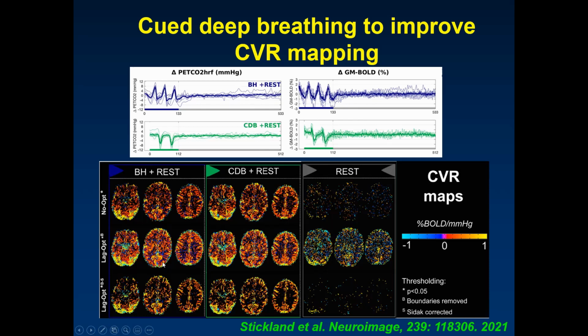And shown here are the resulting CVR maps with or without accounting for voxel-wise delay, from the breath holding scan, from the cued deep breathing scan, and also the pure resting state scan, which is the later part of those scans. It can be seen that the resting state scan in this example has lower quality and lower values than the breath holding method, while the cued deep breathing showed a very consistent pattern with the breath holding method.